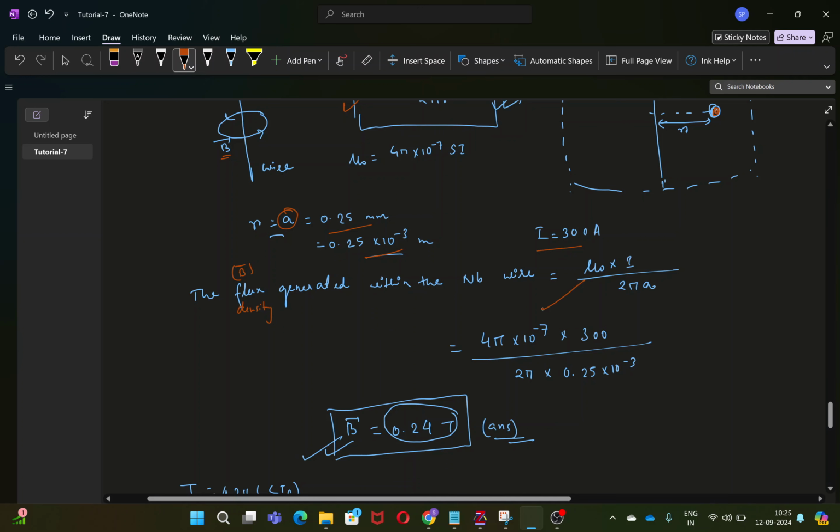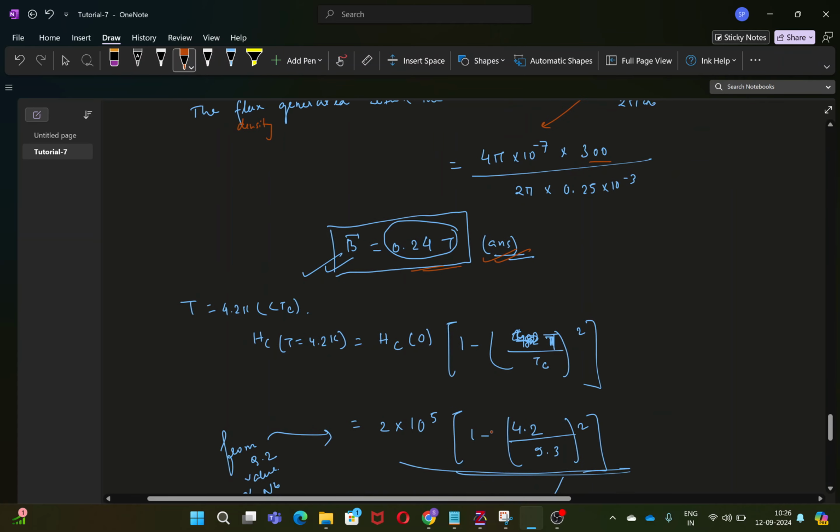So we directly put in the expression for each of the terms. Mu naught is 4 pi into 10 to the power minus 7 in SI units. Then the current is 300 ampere, and 2 pi into the radius is 0.25 into 10 to the power minus 3 meter. So you get a value of B as 0.24 Tesla, which is our answer: this is the field that will be generated by the wire inside the wire because of the current flow.